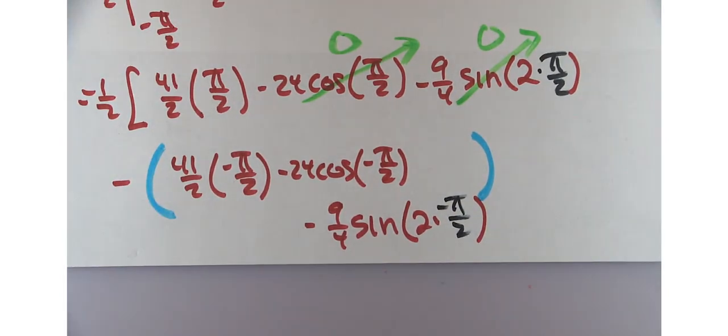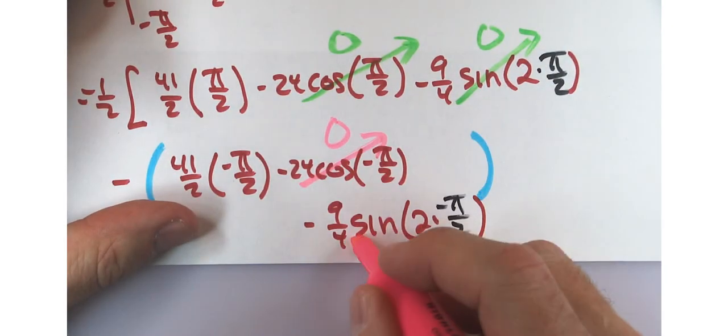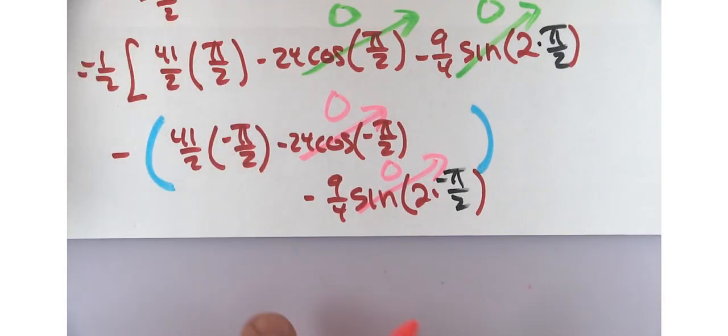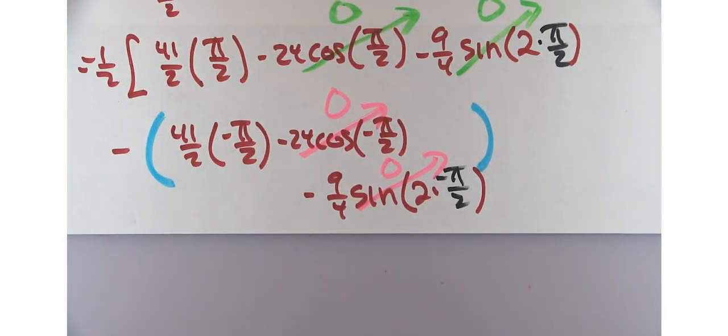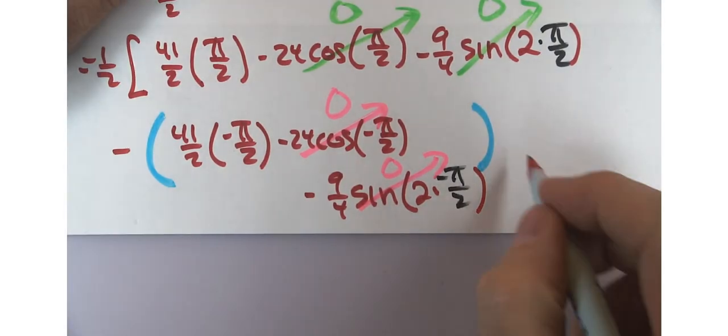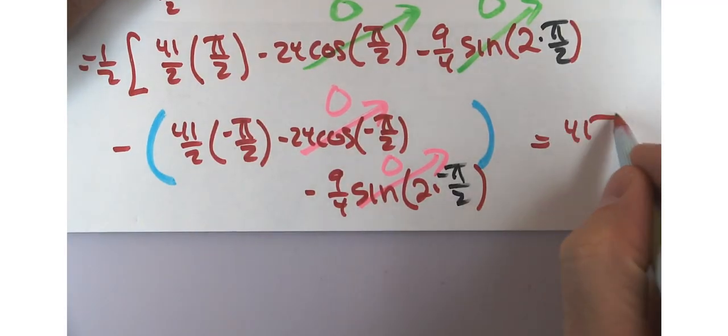And we got some more nice simplification, right? That turns to 0. That turns to 0. So basically we're getting this quantity twice times the 1/2. Clean it all up, you'll end up with 41 pi over 4.